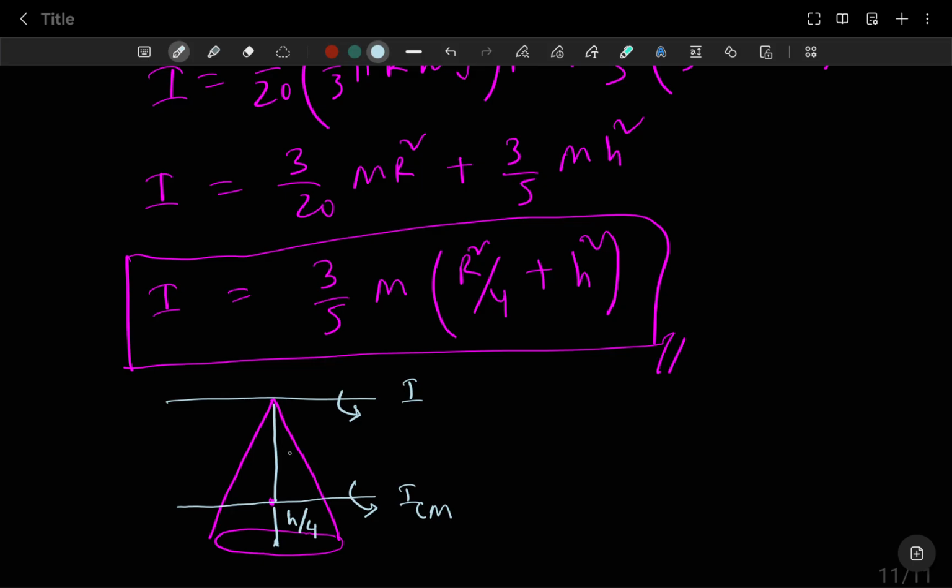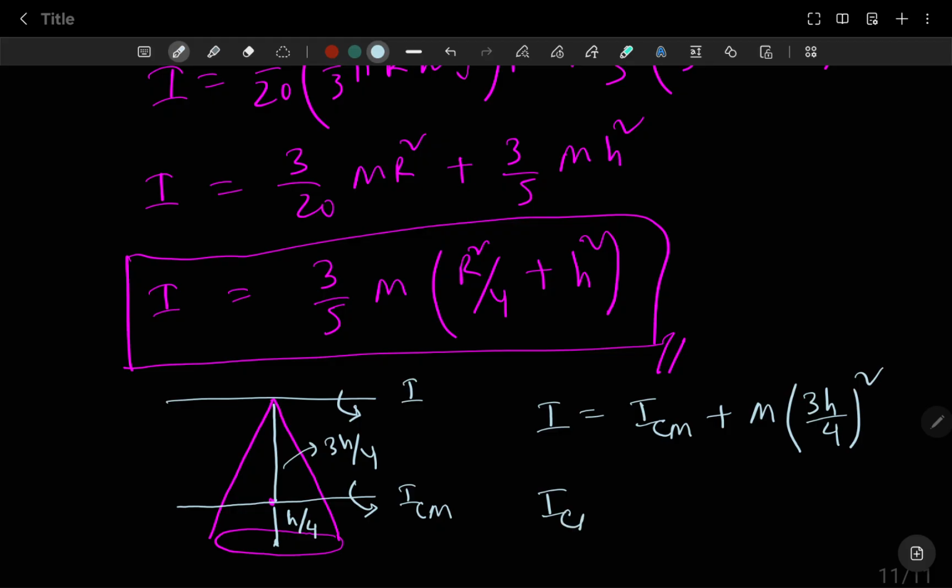So this distance is 3h by 4. So I is I_CM plus m into (3h by 4) square. As you know I, you can find I_CM as I minus 9 m h square by 16. So calculate yourself at home. Okay, fine.